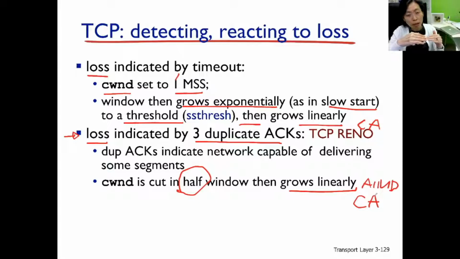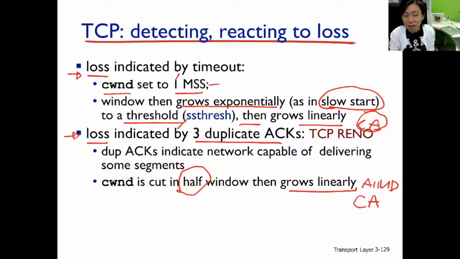So the TCP connection here is still in the steady state. But if the loss is detected this way, it appears that TCP thinks this is a more serious scenario. Therefore, the window size needs to go all the way down and be reinitialized, until the window size grows to a certain degree. Then we do the AIMD, like in the steady state.